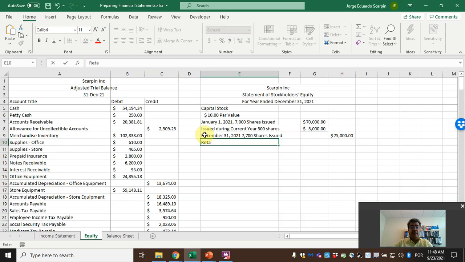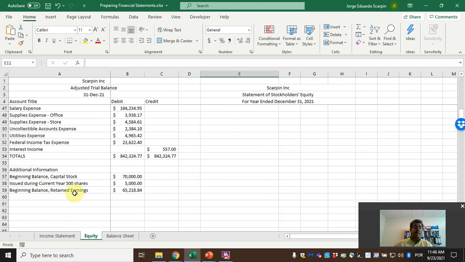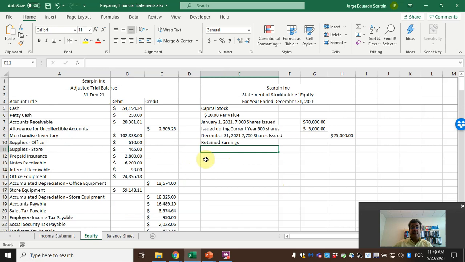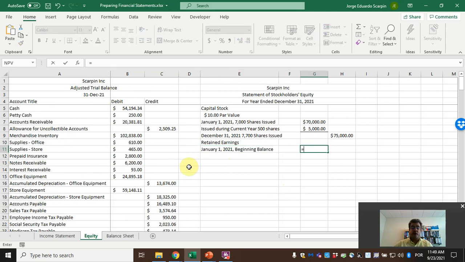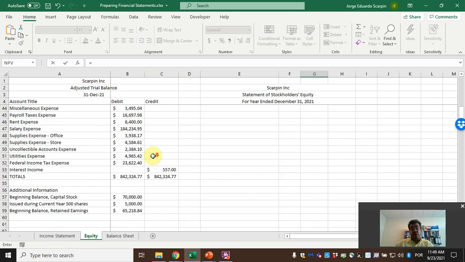Now retained earnings. So we first start with the beginning balance. So January 1st, 2021, beginning balance. How much is it? This is additional info.